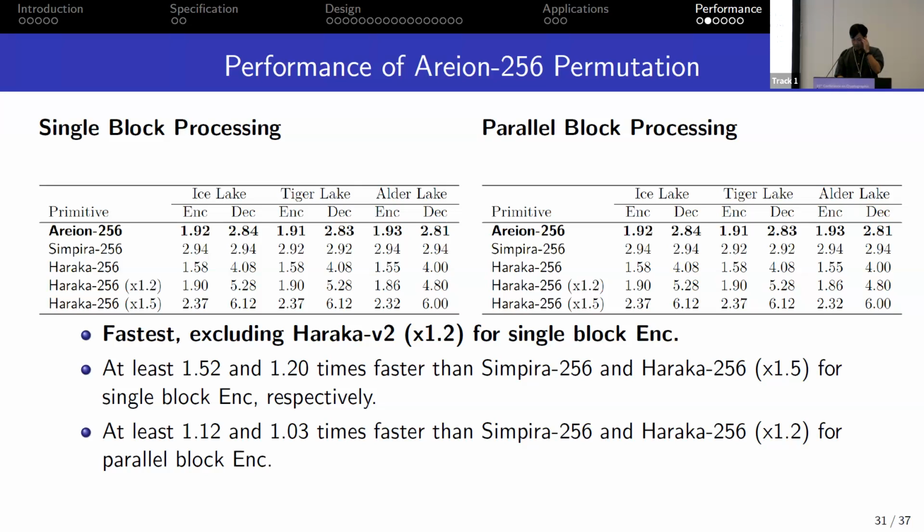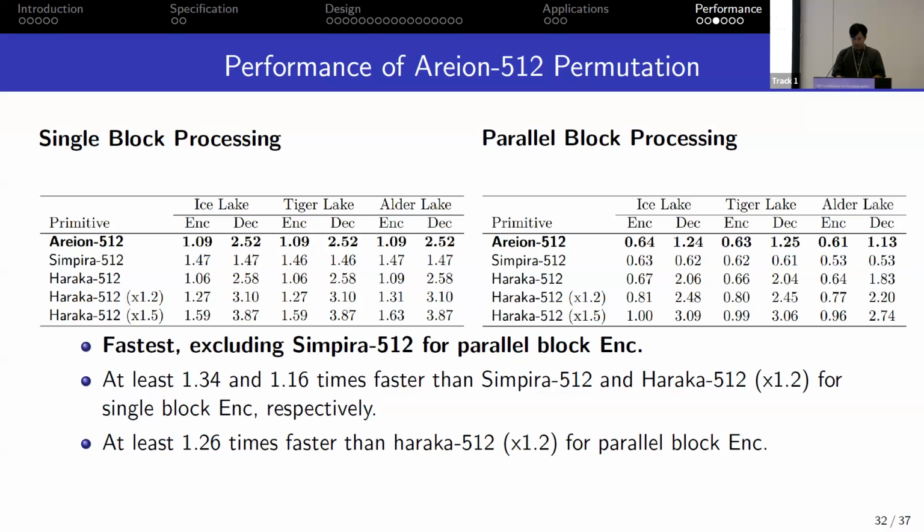And it is at least 1.52 and 1.20 times faster than Simpira 256 and Haraka 256, the round number of which is 1.5 times, for single block encryption, respectively. And at least 1.12 and 1.03 times faster than Simpira 256 and Haraka 256, the round number of which is 1.2 times, for parallel block encryption.